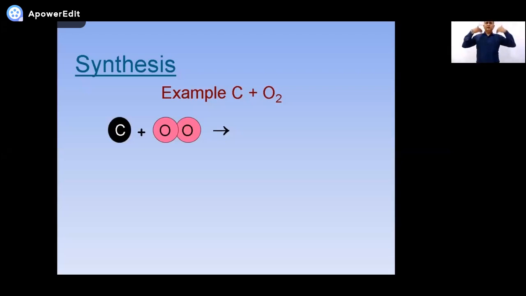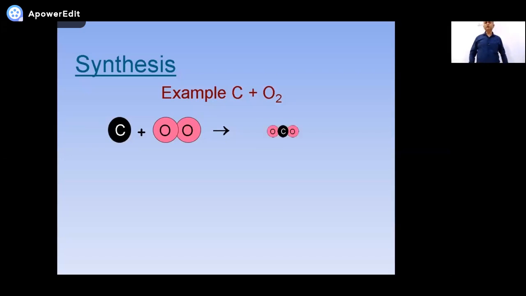As I'm inhaling oxygen, it is not atomic oxygen. It is the molecular form of oxygen. We have studied what a molecule is: when two or more than two atoms combine together, they form a molecule. So oxygen occurs in atmosphere in molecular form. That is why we write O2. Whereas carbon occurs in atomic form. That's why we write only C.